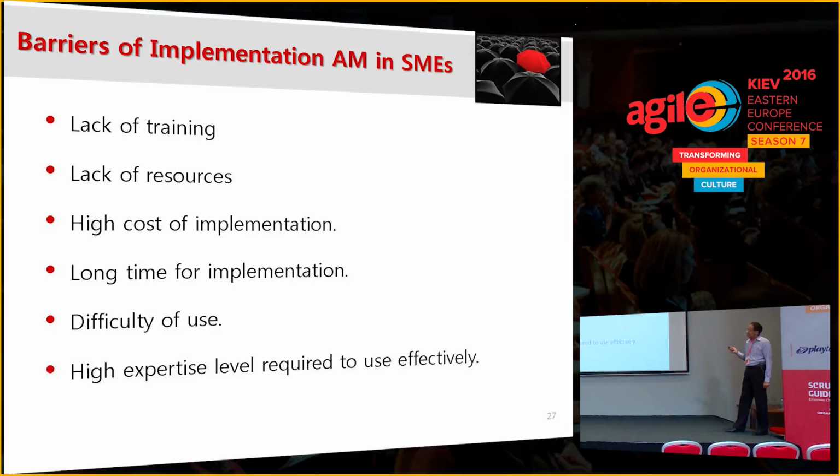Lack of resources, as I said, high cost of implementation. Unfortunately, most of the models of Agile manufacturing cost a lot of money to implement in small and medium-sized companies. And this is one of the reasons the manager refuses to apply agility in their company. Long time for implementation as well.